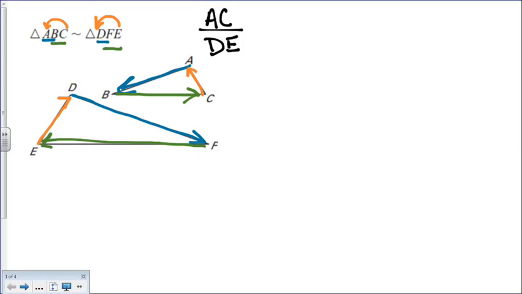I could do the same thing with AB and DF, or FD, because both those sides are similar. Those are the ones highlighted in blue. And then I also have BC and FE, because both of those sides will be similar. They're both highlighted in green.